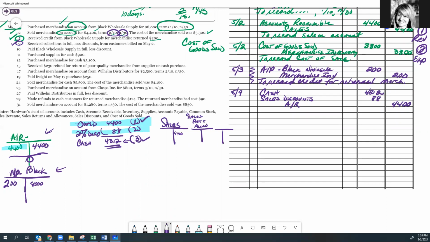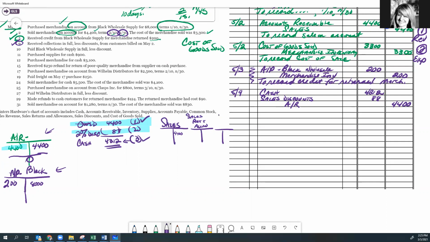So our sales returns and allowances, if sales is a revenue and crediting it makes it go up, when sales are going to be returned to us, instead of debiting sales, we're going to put that debit here in sales returns and allowances. And it will reduce sales as it should, just like if we had debited sales directly.